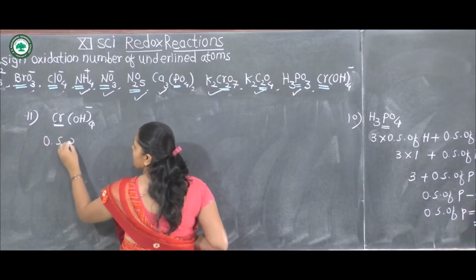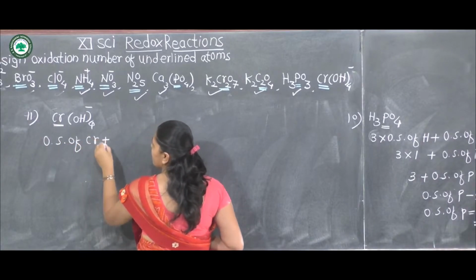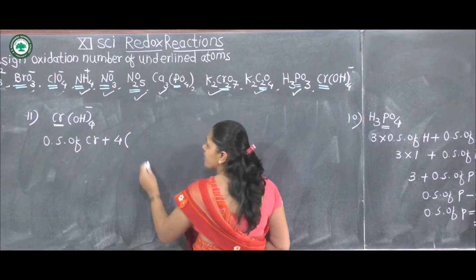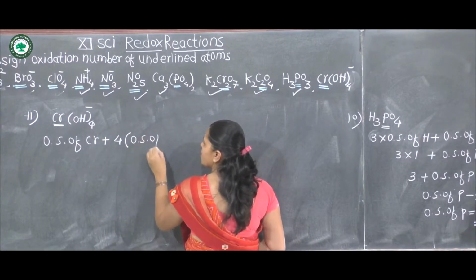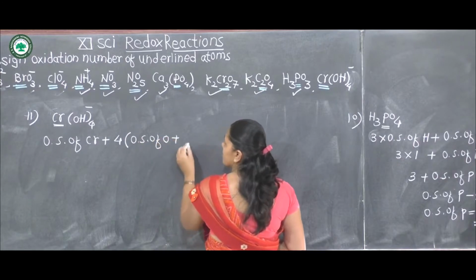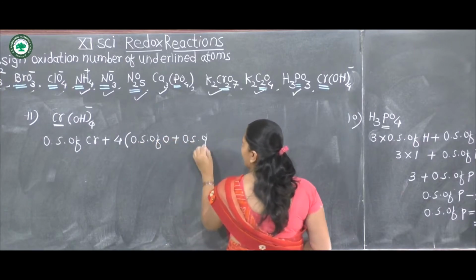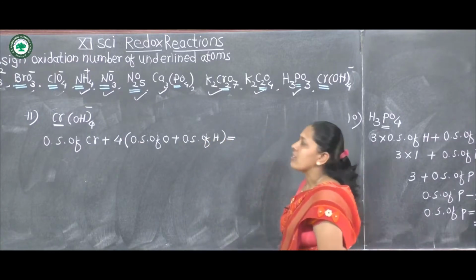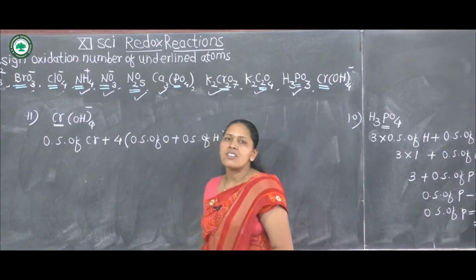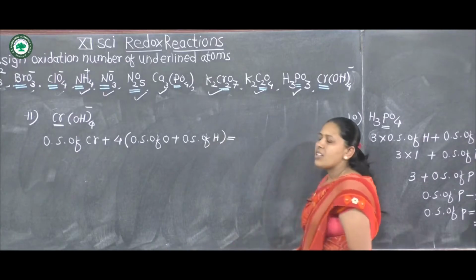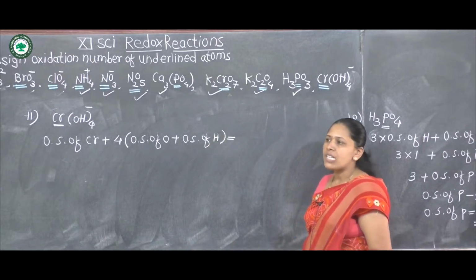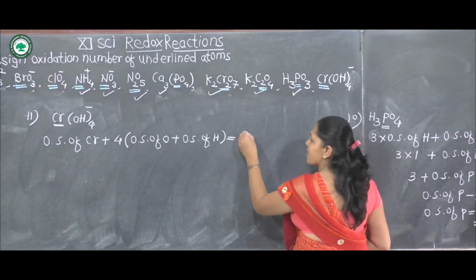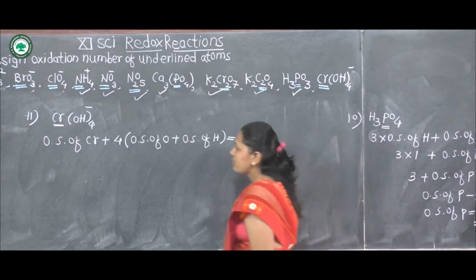The oxidation state of chromium plus 4 multiplied by the oxidation state of oxygen plus the oxidation state of hydrogen, and it is a polyatomic ion because it has a minus charge, therefore the algebraic sum of the oxidation states of all atoms in a polyatomic ion is equal to its charge, that is -1.